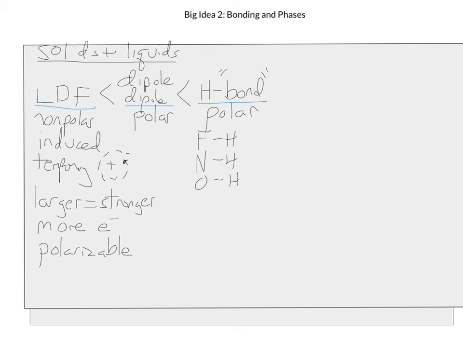Now, the bond in the molecule itself is not the bond. The intermolecular force would come when it was attached to another, like two HFs coming together. The inter part of that is the hydrogen attraction. We call it a bond. Hydrogen attraction between the two different molecules. It's hydrogen bonding. So those are the three intermolecular forces.